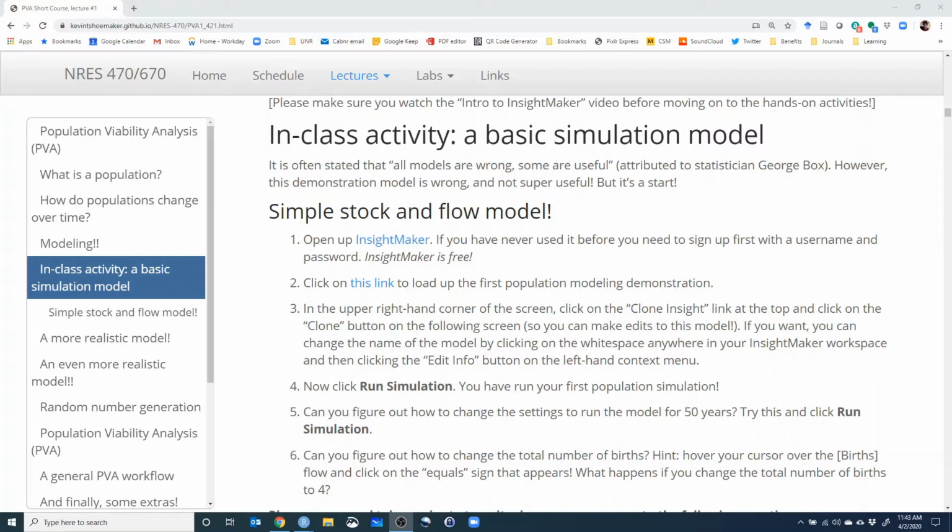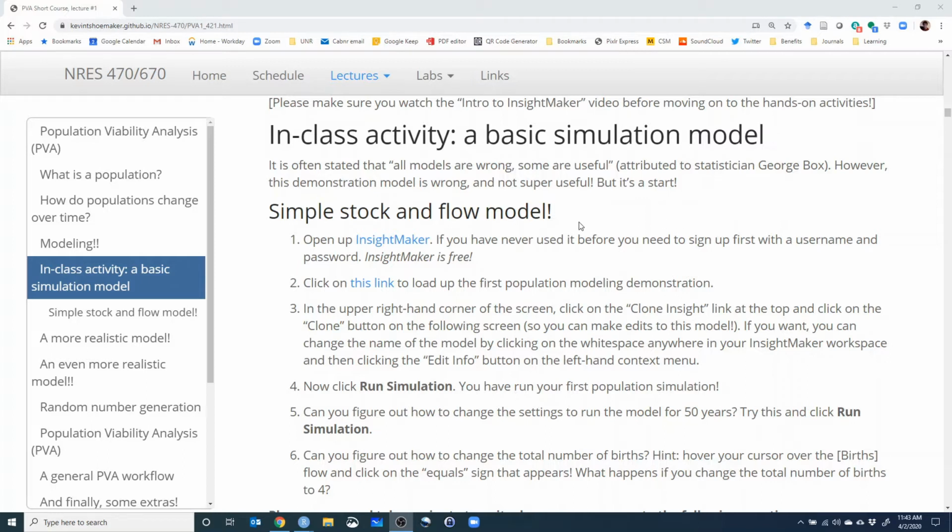We're going to start really on the wrong side of the scale here, with really wrong models, but very simple models. So let's get started.